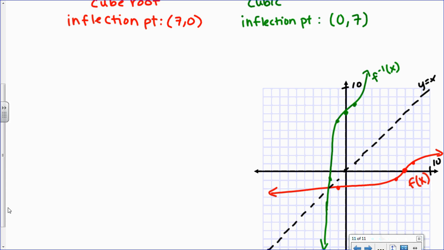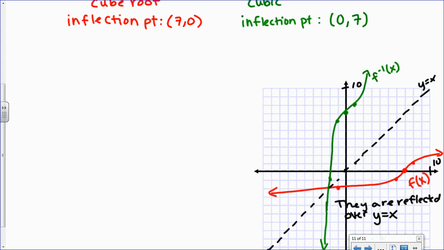Alright, it said note how the graphs are related. So you could say something like how your points switch, so the x and y coordinates switch at every point. But since we have this line, I want to say they are reflected over y equals x.